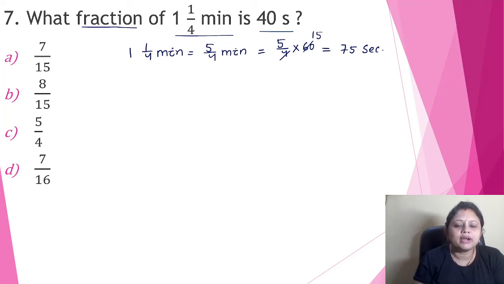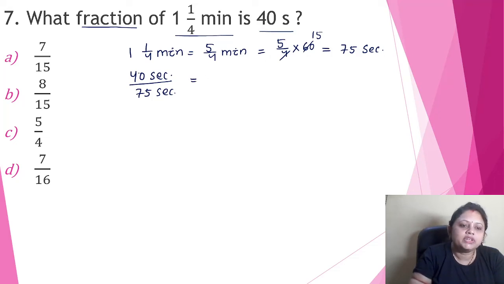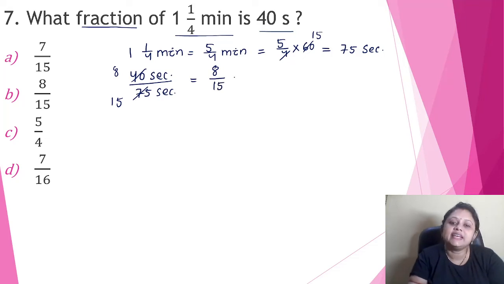And we have to find the ratio, that is 40 second by 75 second. Okay, so here if we cancel it with 5, it will be 8 and here it will be 15. So the given fraction is 8 by 15.